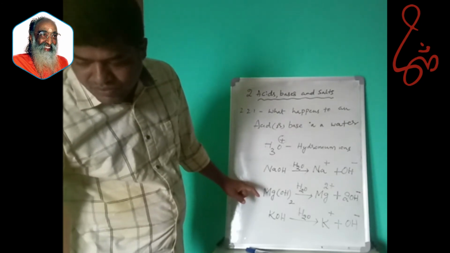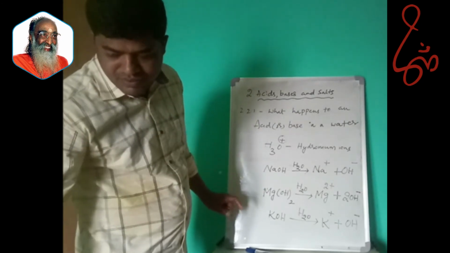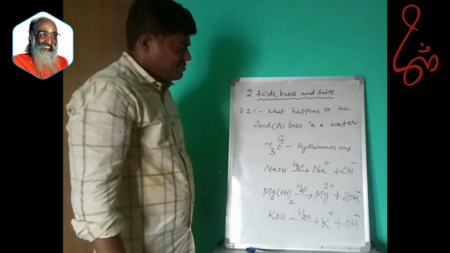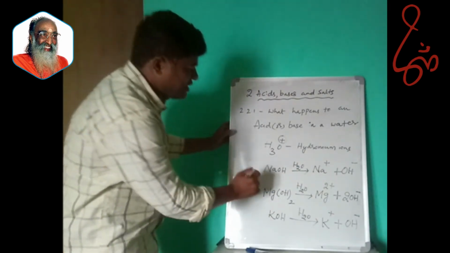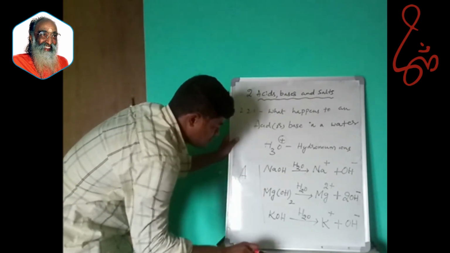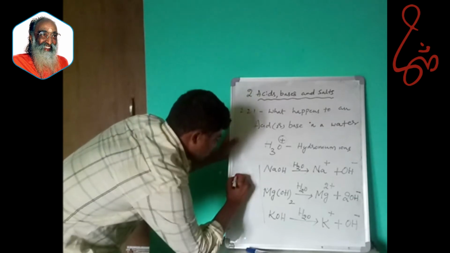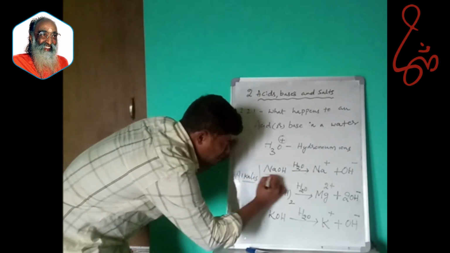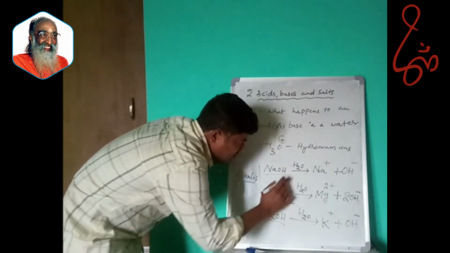Here, bases which are soluble in water are called alkalis. You can see all these are bases and they are soluble in water.